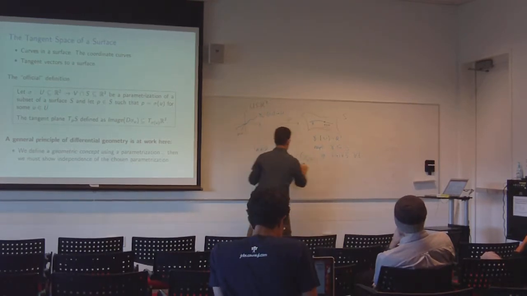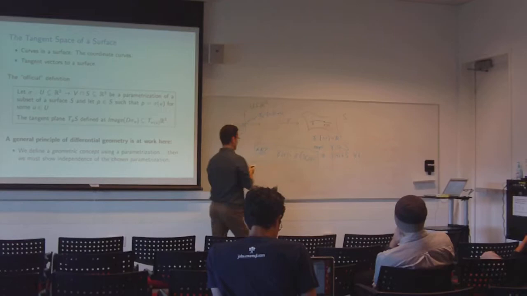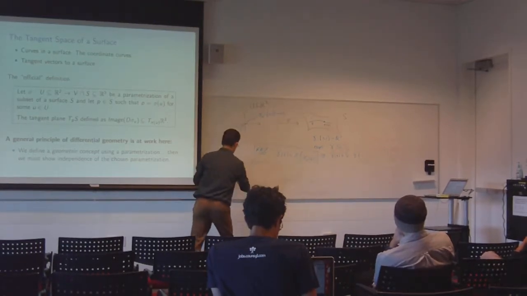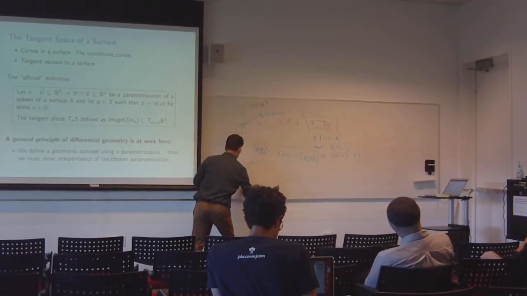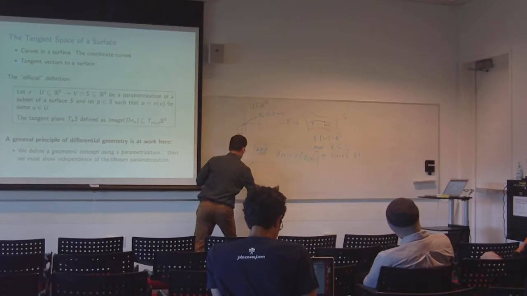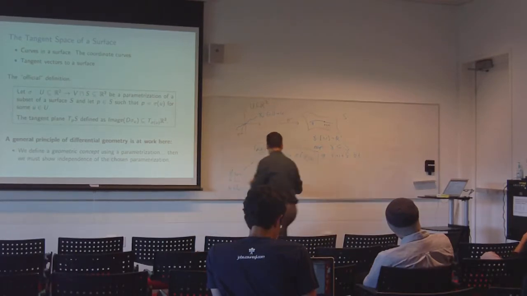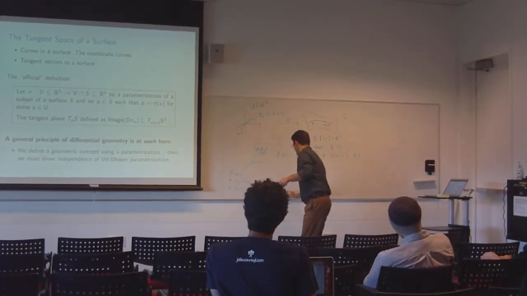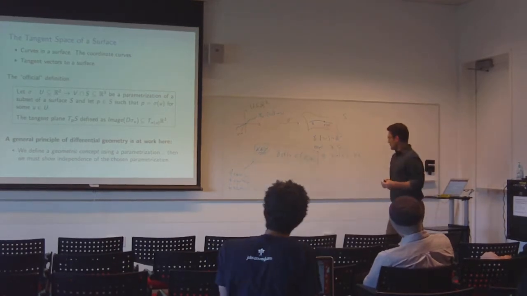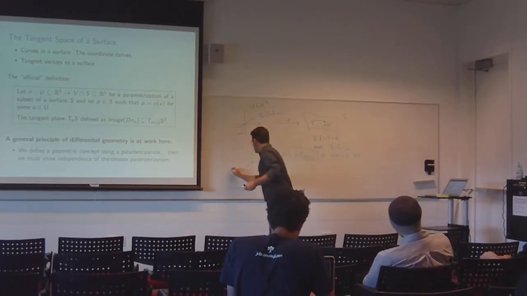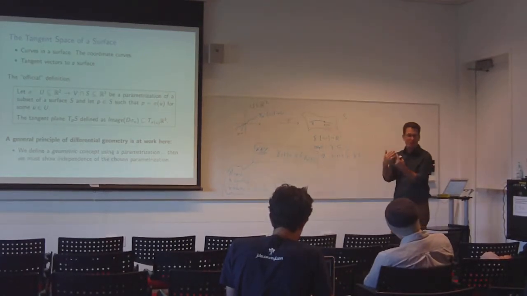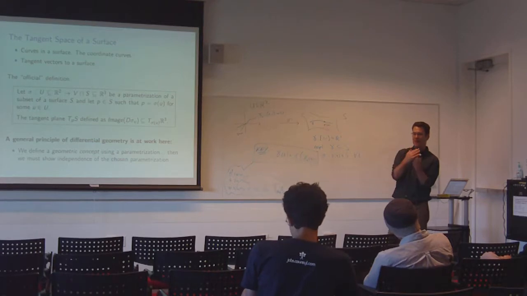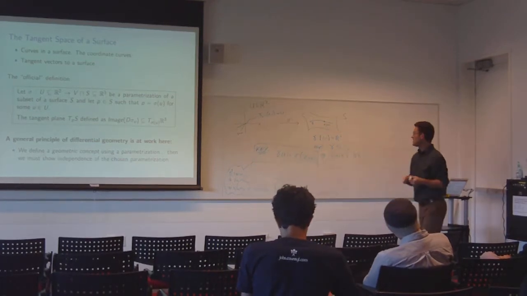This is the key thing. So the key thing is that curves in a surface are always of this form, where you have a curve in the parameter domain and you push it forward into the surface.